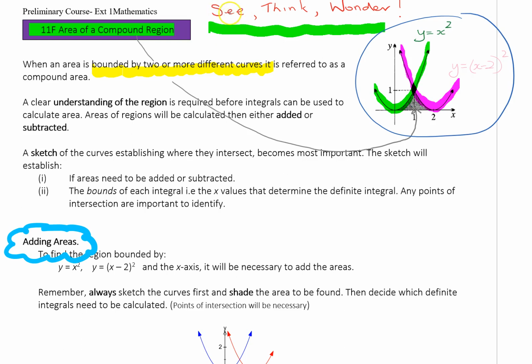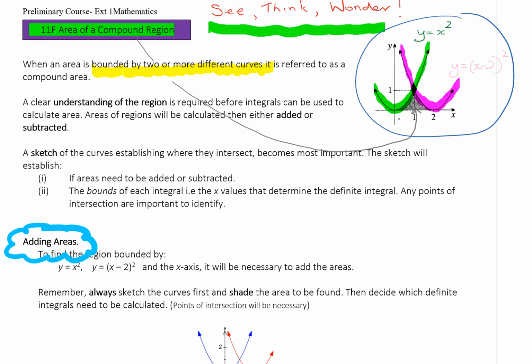Certainly if it's about what you can see in a question, or more probably commonly, if you want to think a bit more about a question, don't hesitate to pause the video. So we can see, hopefully, that we're going to need to identify the two integrals we need to add together.